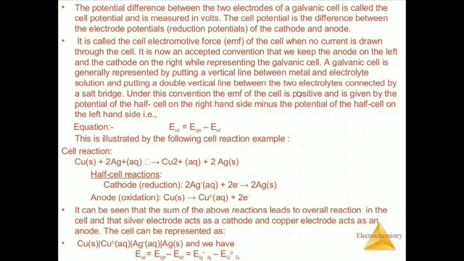The cell can be represented as Cu(s) | Cu2+(aq) || Ag+(aq) | Ag(s), and we have E cell equal to E right minus E left, that is E of Ag+/Ag minus E of Cu2+/Cu. I think it is enough to understand what a galvanic cell is and how it is represented.